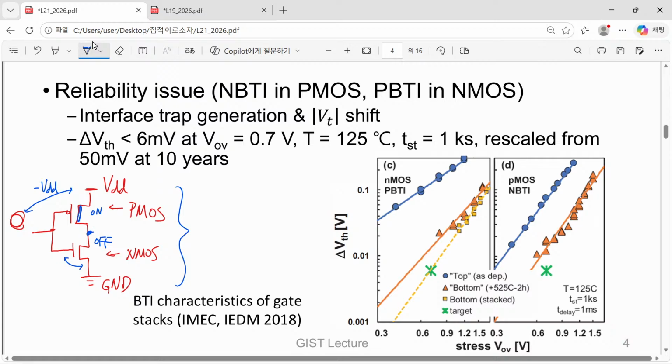So simply speaking, we know that the output becomes just VDD. So we have two different resistive components, and who takes the entire voltage drop? The resistive one takes all. That's the reason why the entire VDD is applied to this NMOS part.